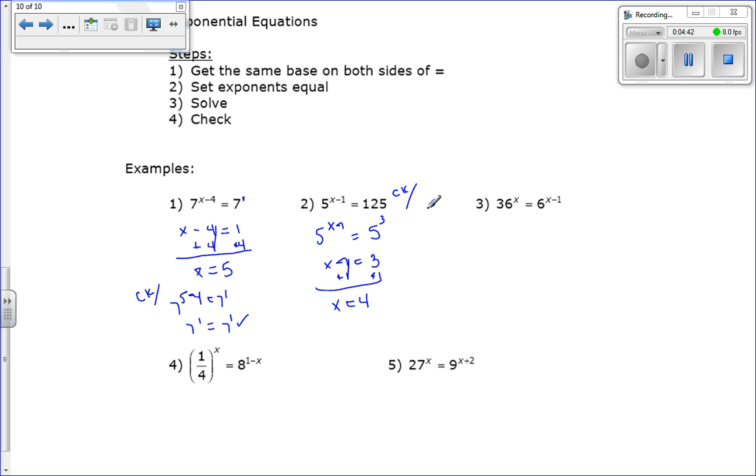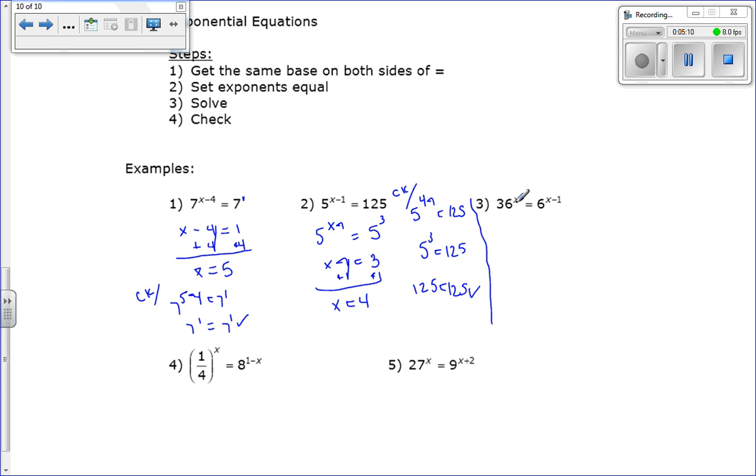And for a quick little check, I have 5 to the 4 minus 1 equals 125. 5 to the 4 minus 1 becomes 5 to the 3rd equals 125. So 125 equals 125. And that checks.